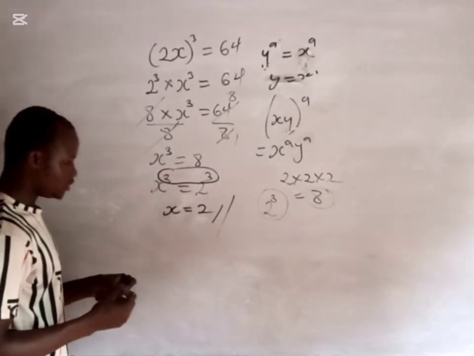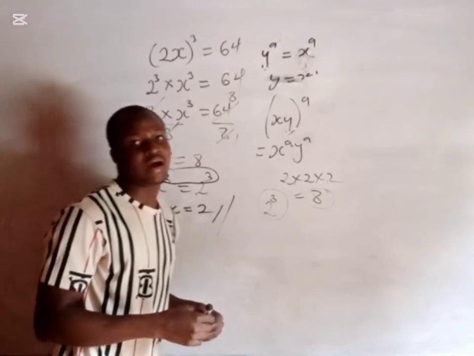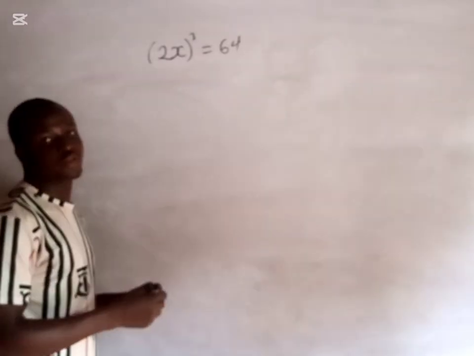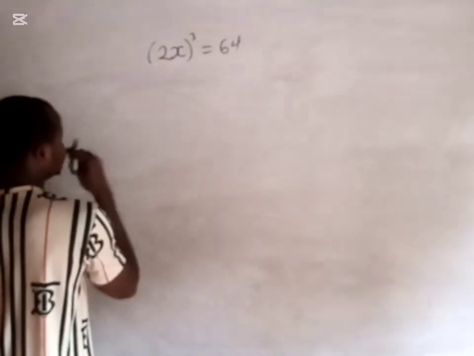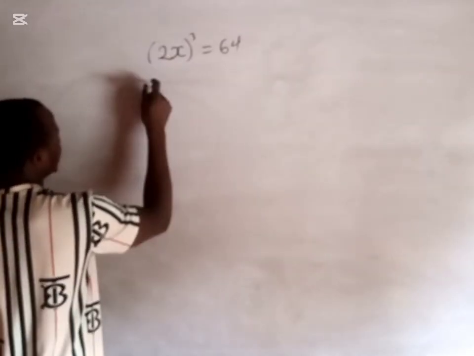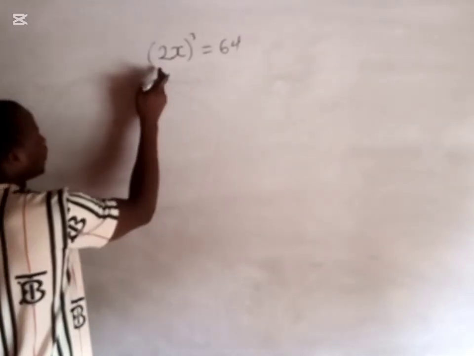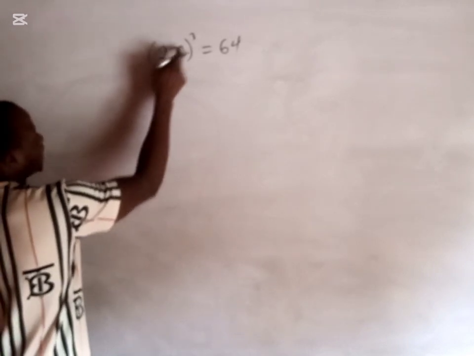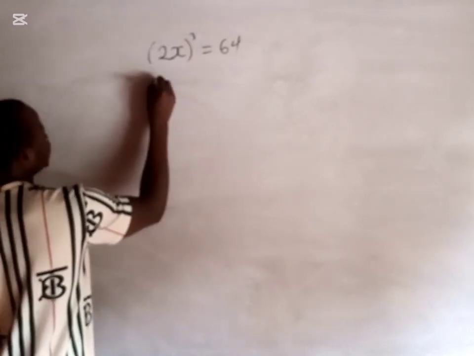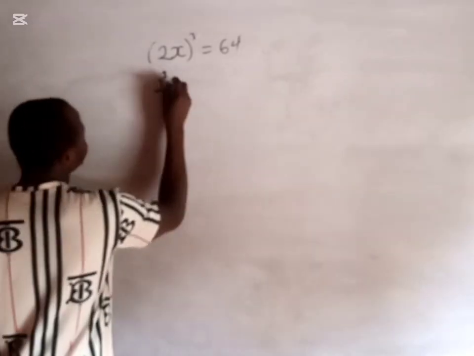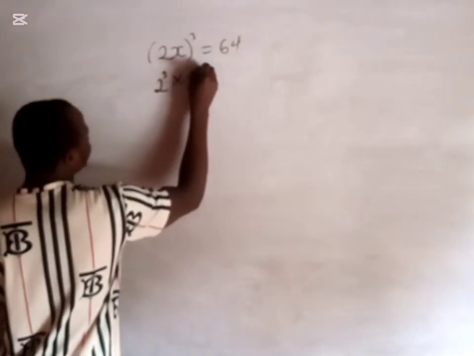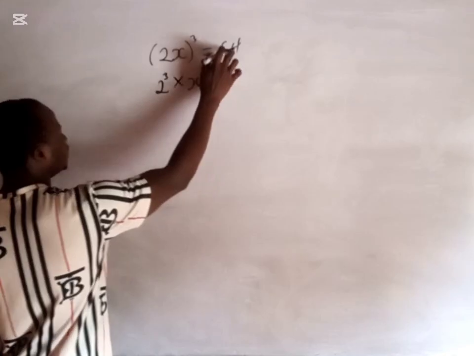So I'm going to show you another method of solving this question. When you have something like this, open the bracket by spreading the power to each of them. 2 will carry 3 and x will carry 3, right? So 2^3 times x^3. Now let's find the index form of 64.